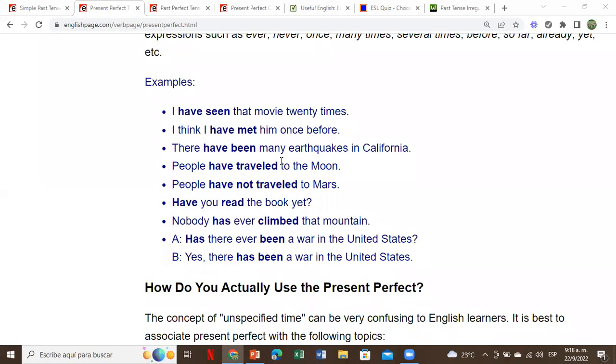Flor said he has bought a car last year. Has he bought a car last year? He hasn't bought a car last year. Johnny said he has not bought a car. Has he bought a car? Thank you, sir. Israel said he has bought a car last year.